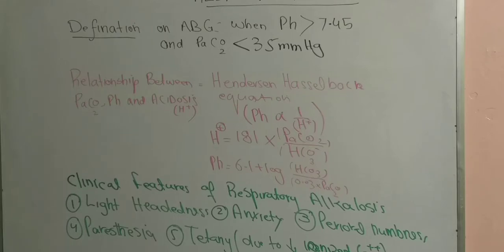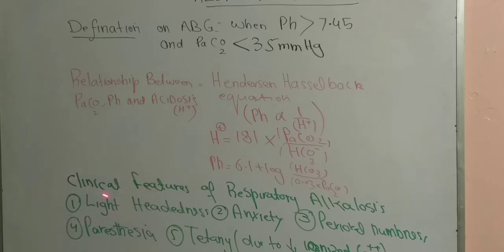And for our ease, we can write the Henderson-Hasselbalch equation with the help of the pH. pH is equal to 6.1 plus log of bicarbonate divided by 0.03 times the partial pressure of carbon dioxide. So the partial pressure of arterial carbon dioxide has a direct relationship with the hydrogen ion, but inversely affects the pH. This is an important thing.